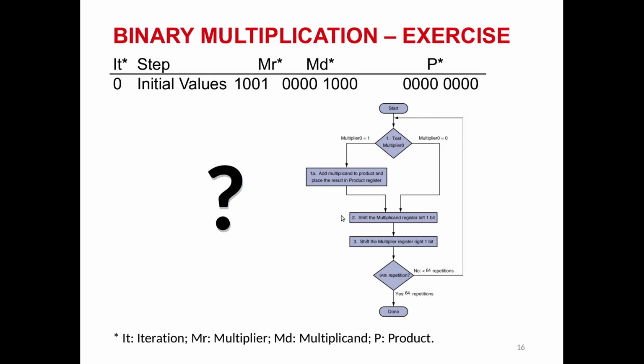You need to apply this algorithm to give the intermediate values for multiplier, multiplicand and product at each step. I will give you the answer here, so you can understand it, or you can make reference with your answer to make sure you understand the situation and have the correct answer.